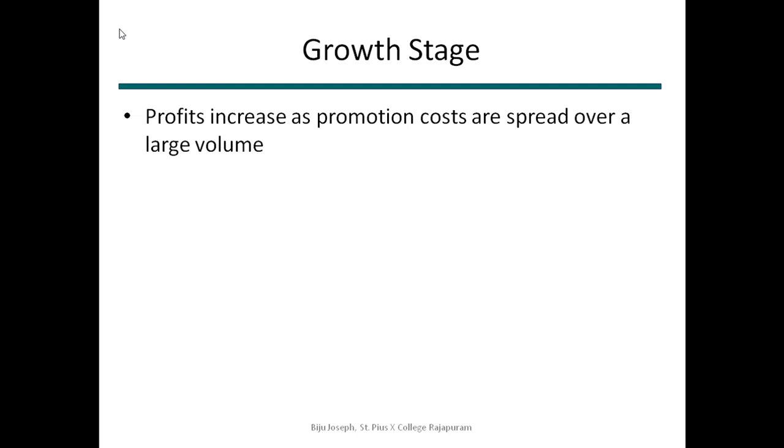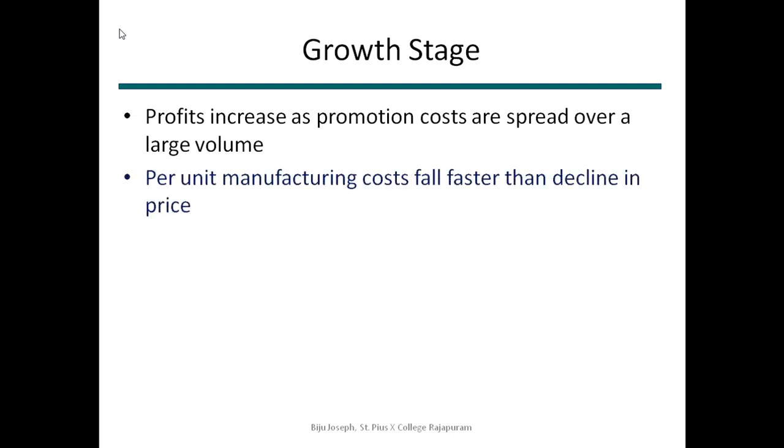In such a situation, now you have a per unit promotional cost of 50 paise only. And when promotional costs decrease, naturally the profit increases. So during the growth stage, profits increase as promotion costs are spread over a large volume.